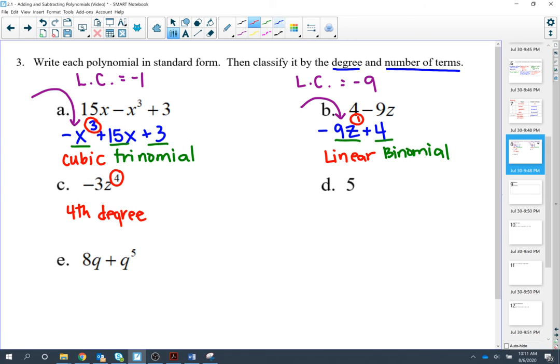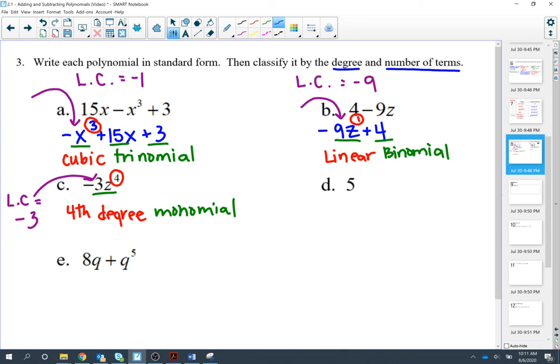And then number of terms, there's only one, so monomial. And then once again, I know it doesn't ask for it, but the leading coefficient is the number in front. The leading coefficient would be negative 3.